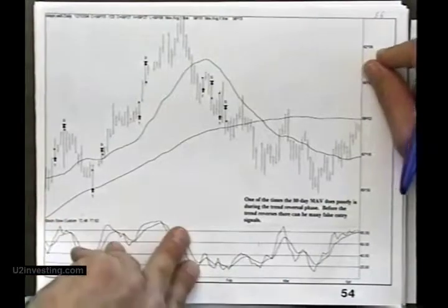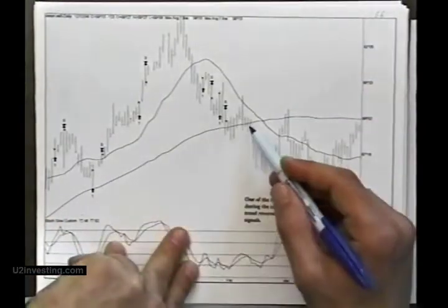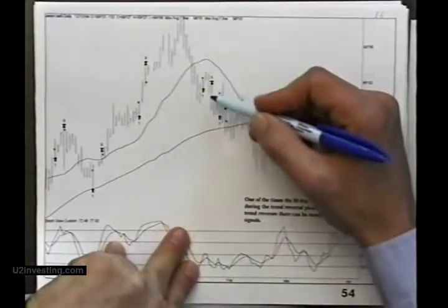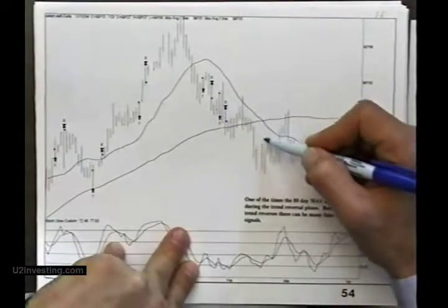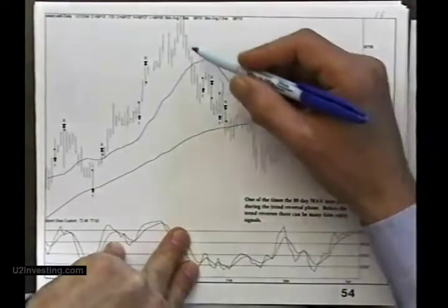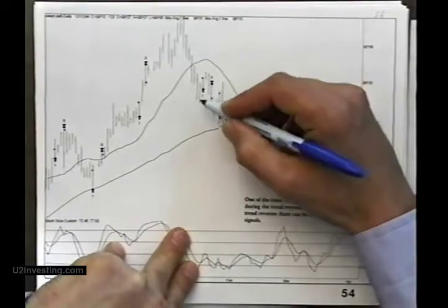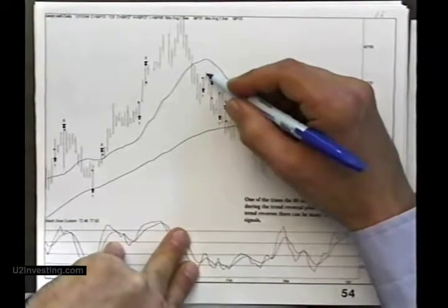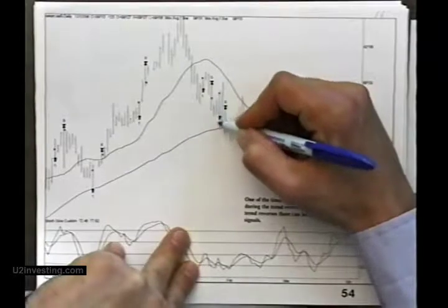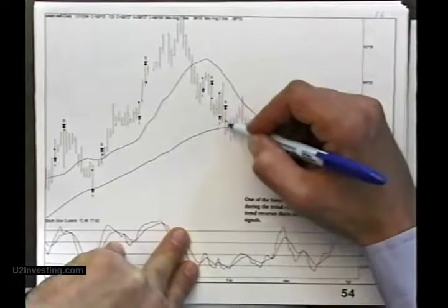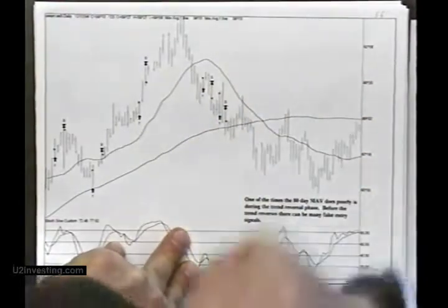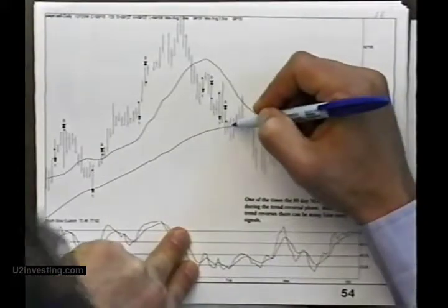One time that the long-term moving average does poorly is during big corrections that result in a trend reversal, because the 80-day moving average thinks the trend is up and it gives you a buy signal, but then you lose, and then it gives you another buy signal and you lose again. So that's one of the disadvantages of the 80-day moving average.